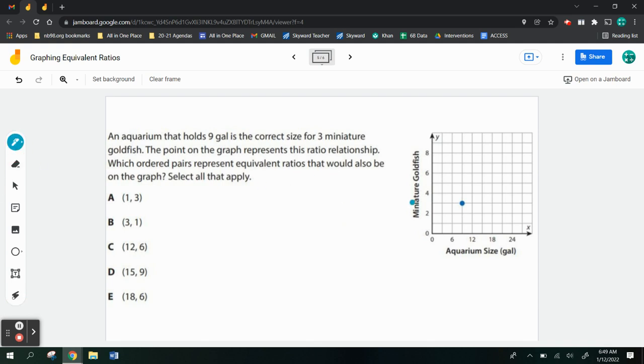So basically all we have to check to see is which ratios, which points, if I read them as ratios, are equivalent to this one. So I'm actually going to type this out. Maybe that'll look a little bit better. 9. Well, let's start by picking where X and Y are going to be.